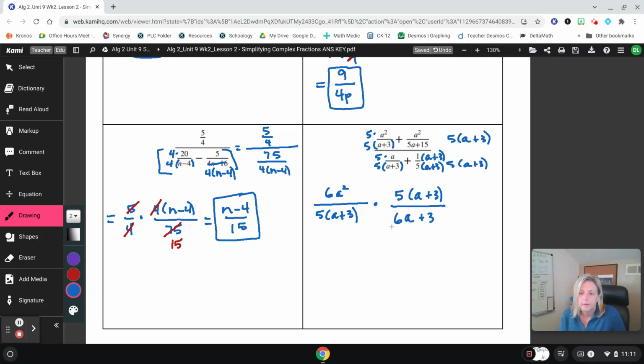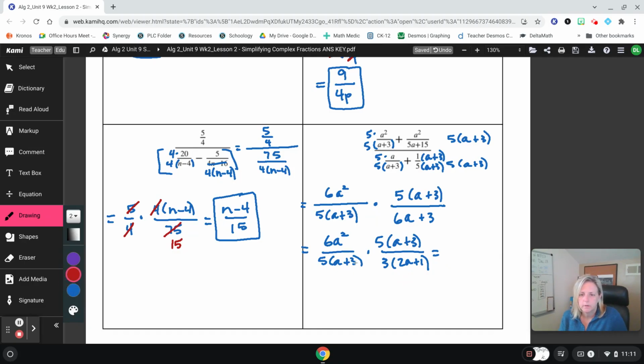And so now I need to factor this 6a plus 3. So I'll have 6a squared over 5 times a plus 3 times 5 times a plus 3 over 3 times 2a plus 1. Okay, now we can start canceling.